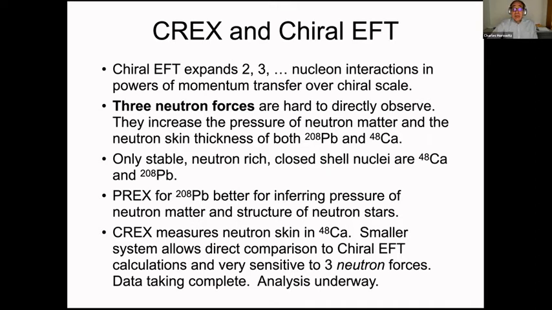The PREX measurement on lead is better for inferring the pressure of uniform neutron matter and the structure of neutron stars. The CREX experiment on the smaller calcium-48 allows more direct comparisons to chiral effective field theory. One can perform microscopic calculations for the lighter system, which have not yet been done for lead-208.